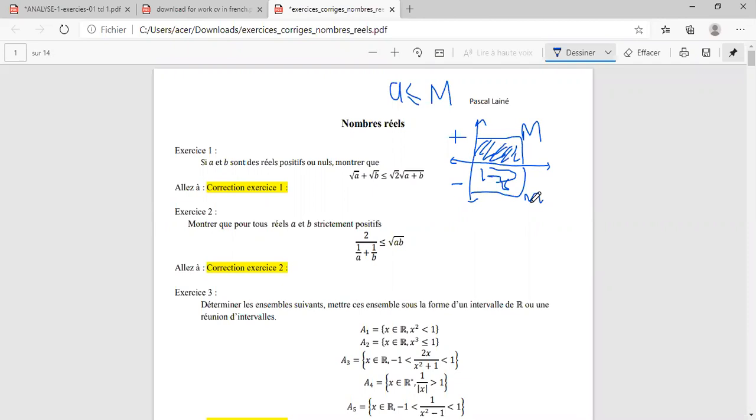With the minorant, I'm looking at every object up to a certain limit. The limit here is this point, which I can call my point A, and this other point I can call my point B. So the minorants are every object found here, and the majorants are every object found here.